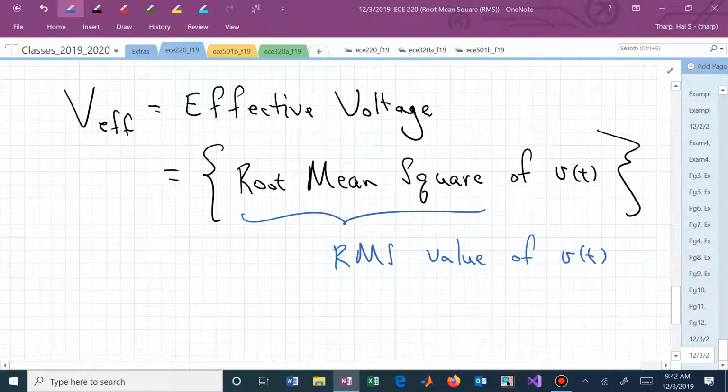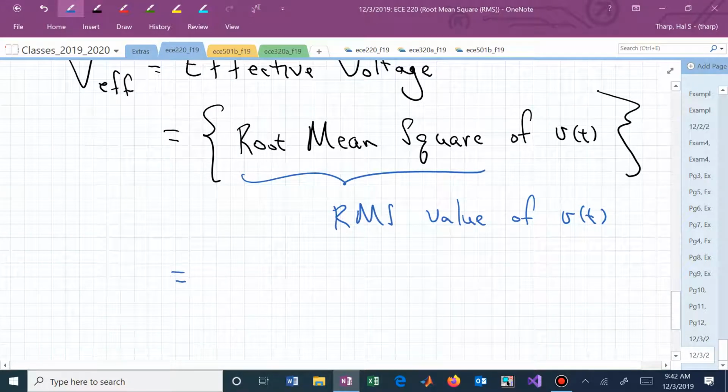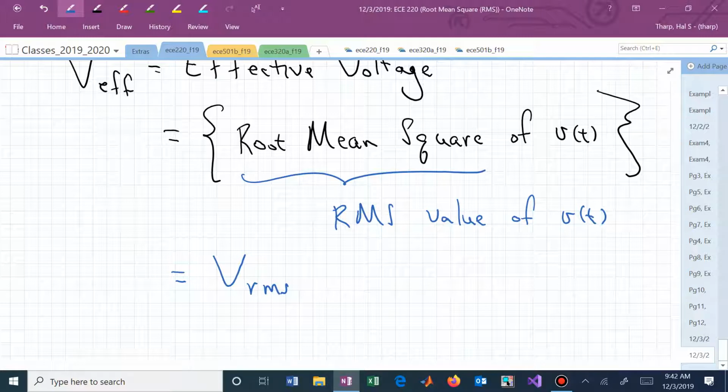So this is what is referred to as the RMS value of some waveform, in our case this voltage v of t. We'll call that v sub RMS. That's a number that consolidates the information in this question: what's the average power of that resistor when we put that voltage across it?